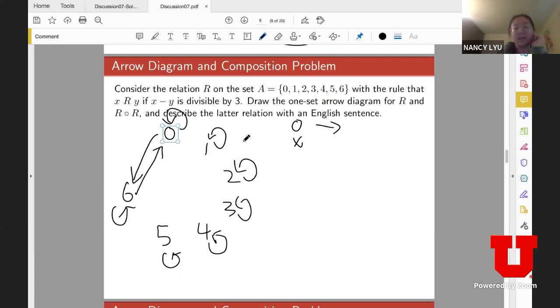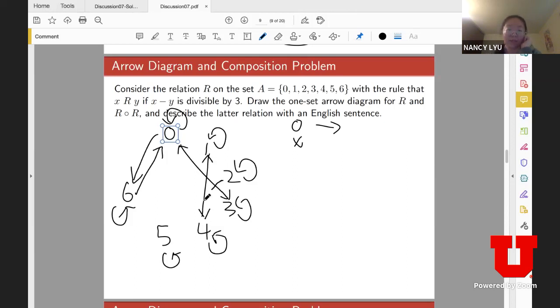And is there any other number that 1 can go to? See, someone in the chat also said 0 goes to 3 and 1 goes to 4. Okay, 0 goes to 3. 1 goes to 4.